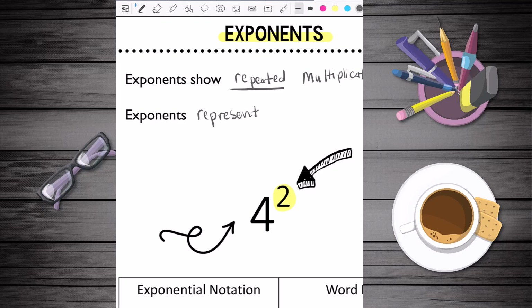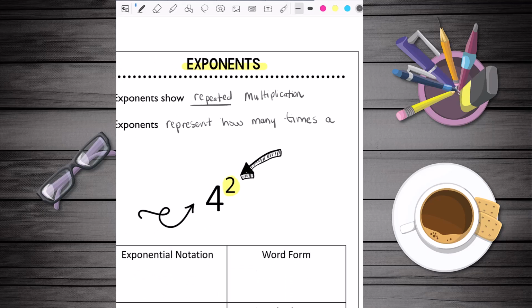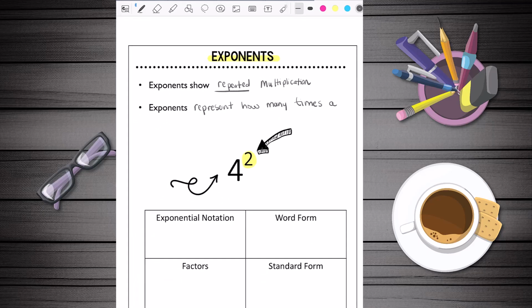The exponent represents how many times a number is multiplied by itself.